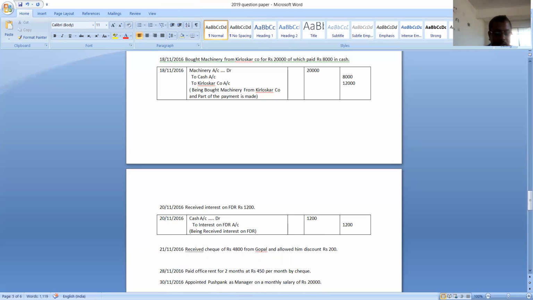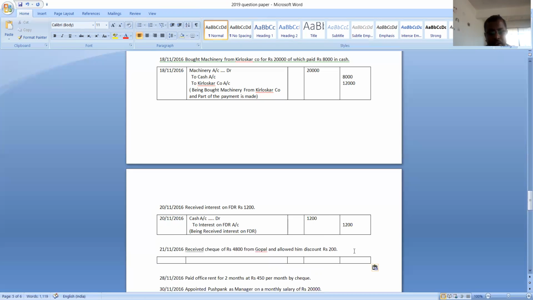Here is the next transaction, dated 21st 11 2016. The transaction is: received check of rupees 4800 from Gopal and allowed him a discount of rupees 200.